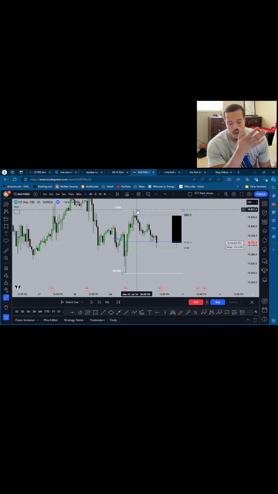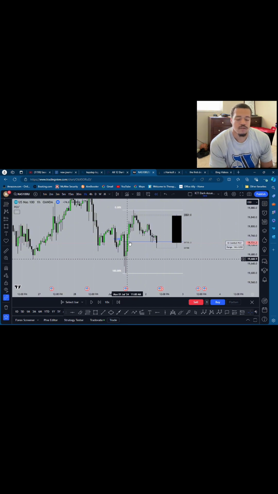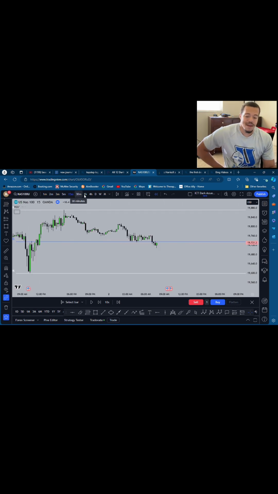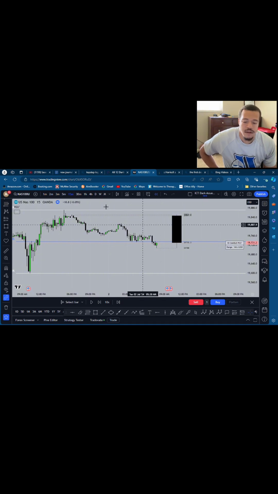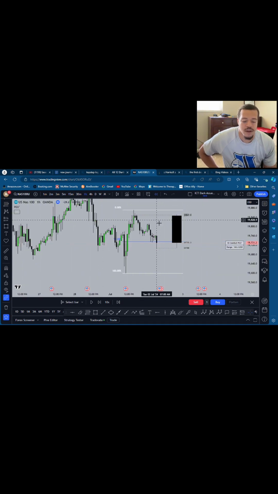Since we're at equilibrium, we're actually in a discounted price now. So since we're in a discounted price, that may mean I want to look for some buys, depending on if it holds in this area. If it starts buying automatically, I have to be a little bit more patient.